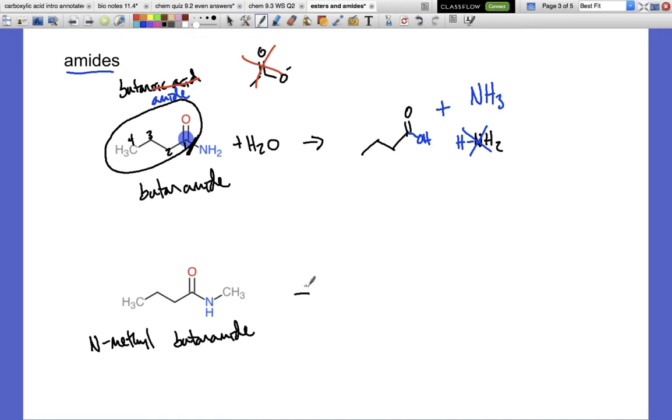Whereas if I broke down this one down here, the difference would be, okay, I still have those two pieces. Now I have a methyl group hanging off of that nitrogen, but I still have those same two pieces. And this time, again, even if I didn't show you that there was a water, there's still a water. I have a hydroxyl group here, I have a hydrogen here.